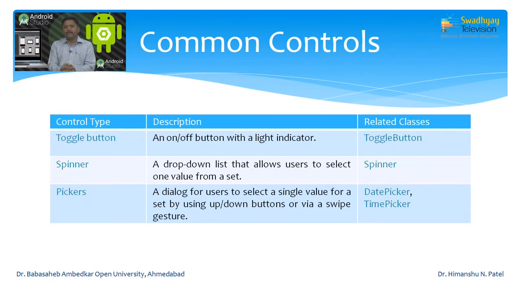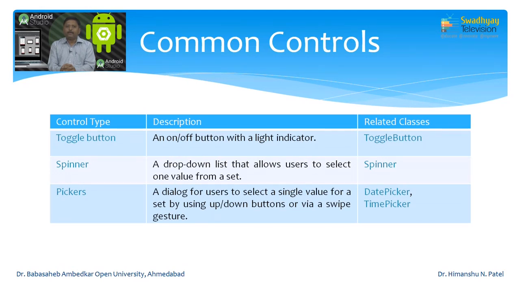Spinner is similar to a drop down list in other languages. It displays a drop down list that allows the user to select one value from a set, and we can fill these values from either a database or an array or at design time also. So, spinner is a drop down list.